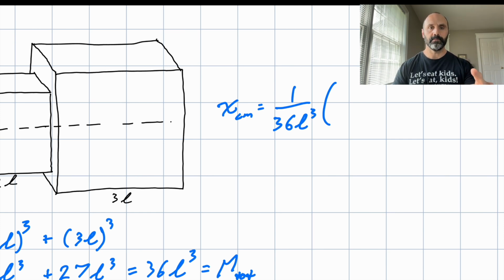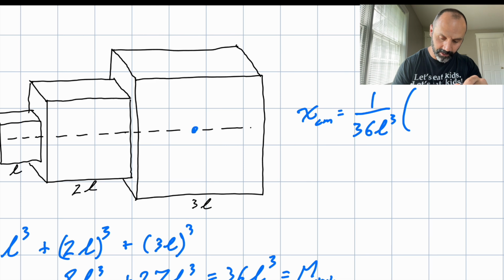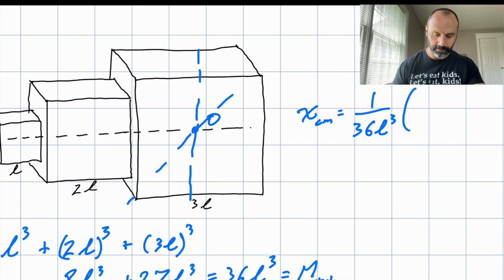The real trick now comes in choosing your origin wisely to minimize the amount of work for yourself. And so what I'm going to do is choose the center of the big cube as the origin. All right, so here's 0, and you can imagine all the dimensions coming out of here.